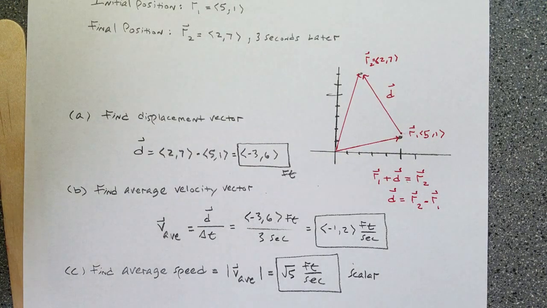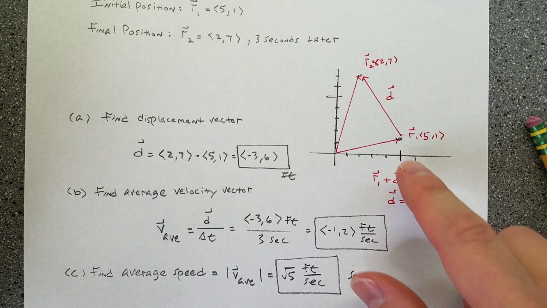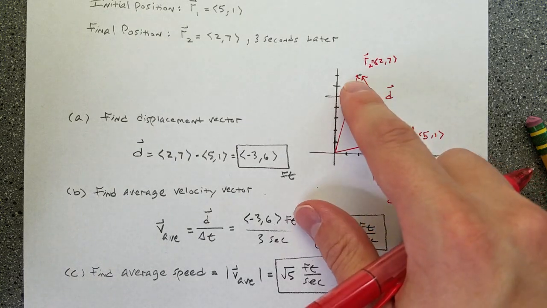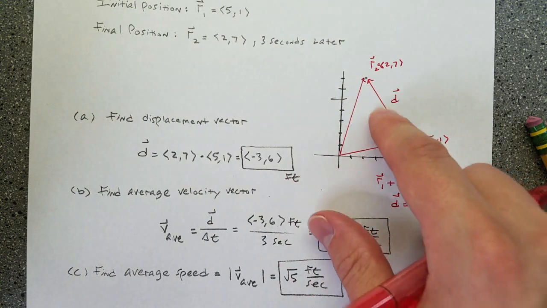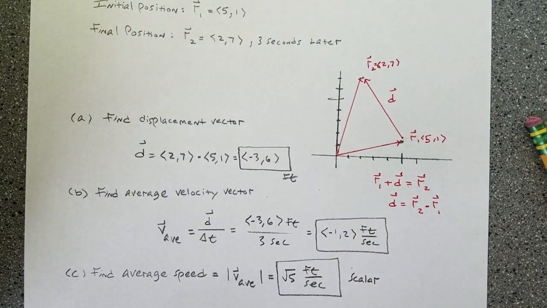Now to put everything on the same picture, I would like you to see that there's your initial position, there's your final position, there's your displacement. How does the velocity look compared to the displacement? It has the same direction.